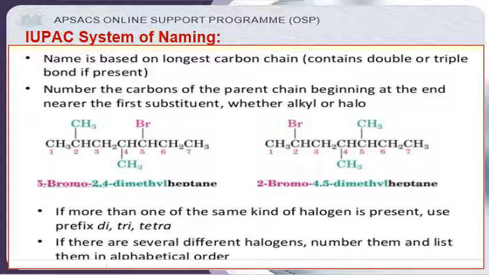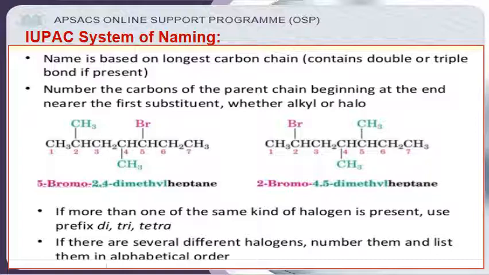So the name becomes 5-bromo, and on the second and fourth position methyl groups are present, and these are two methyl groups, so we give the name dimethyl. And the longest chain is of 7 carbons, which is called heptane. So the name becomes 5-bromo-2,4-dimethylheptane. And in the other case the name becomes 2-bromo-4,5-dimethylheptane.